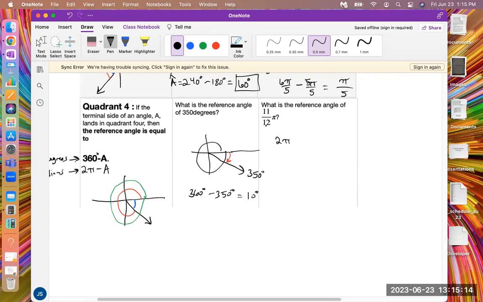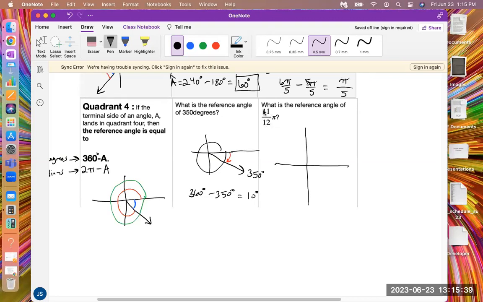First, you have to verify that 11 pi over 12 is actually in quadrant 4. So to do that, oh no, it's not in quadrant 4. I apologize, it's not. And maybe this is a faster way for you to see this.